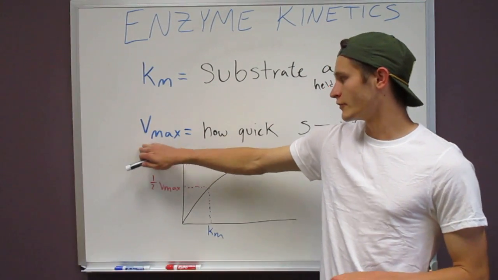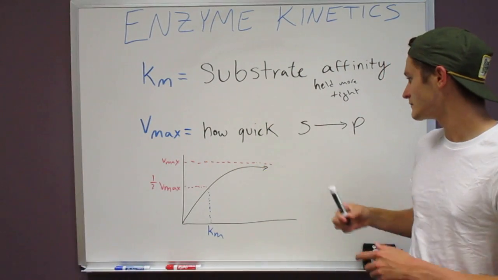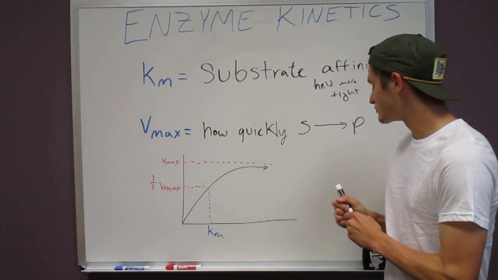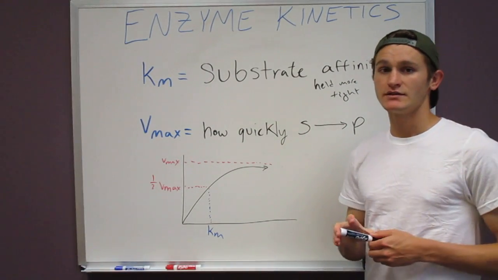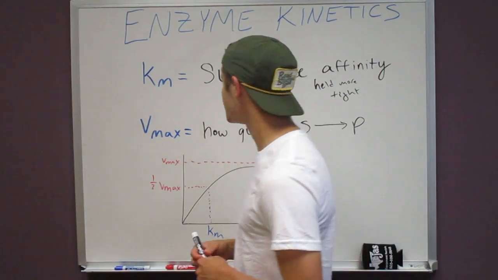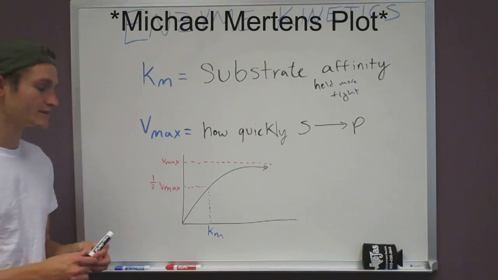Another vocabulary word is the Vmax that you need to know, and that's how quickly substrate turns to product. So that's the catalyzing, like the speed at which the catalyzation happens. And so you can see it in two different kinds of plots.